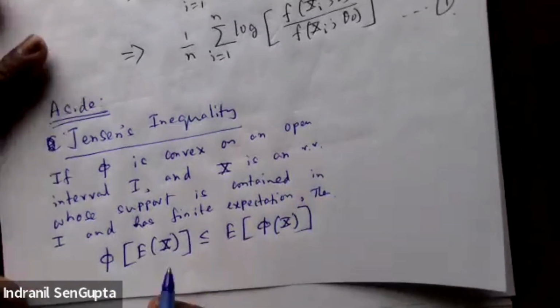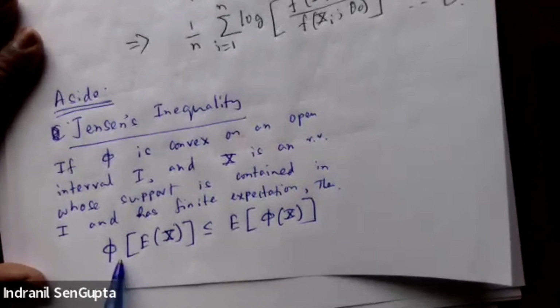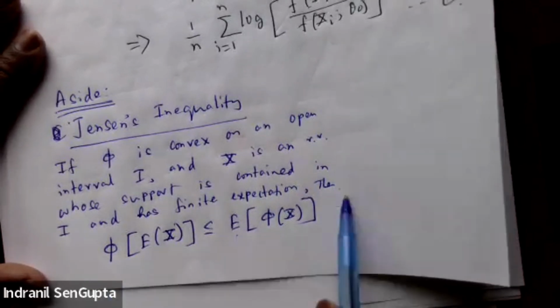So basically, if you interchange phi and E for a convex function, when you have E outside, its value moves.